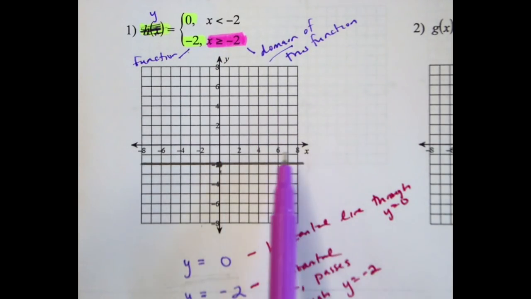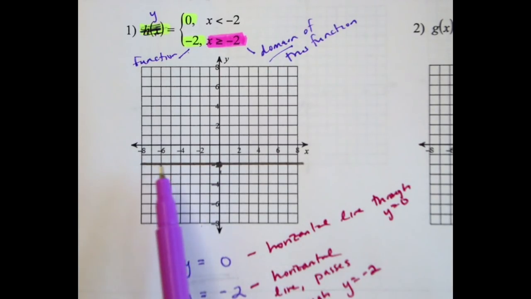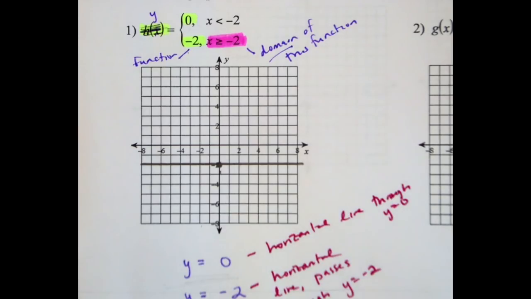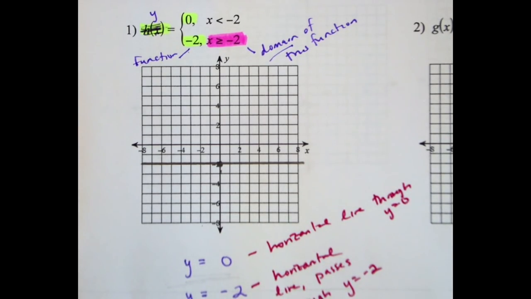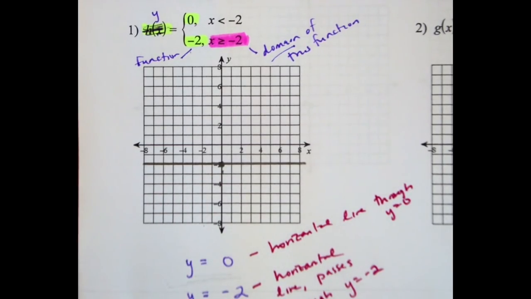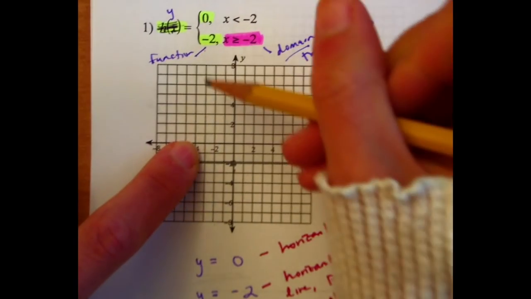I'm going to go to my function and look for where x is equal to -2. To show myself visually the domain, I'm going to shade the area where x is greater than or equal to -2. So here's where x is equal to -2.